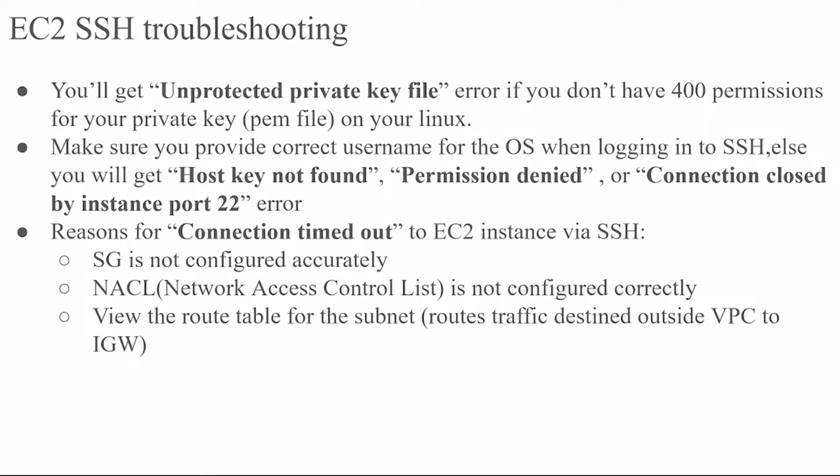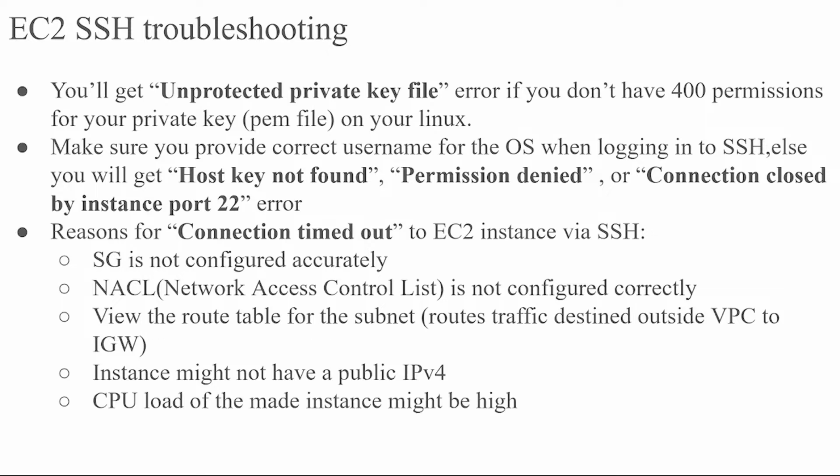Next is to view the route tables for the subnet. If you are connecting to your EC2 instance with SSH, just check the inbound rules and the route tables, whether the subnet is given correctly or not. The instance might not have a public IPv4 address, the address which is used to connect to your instance in your region.